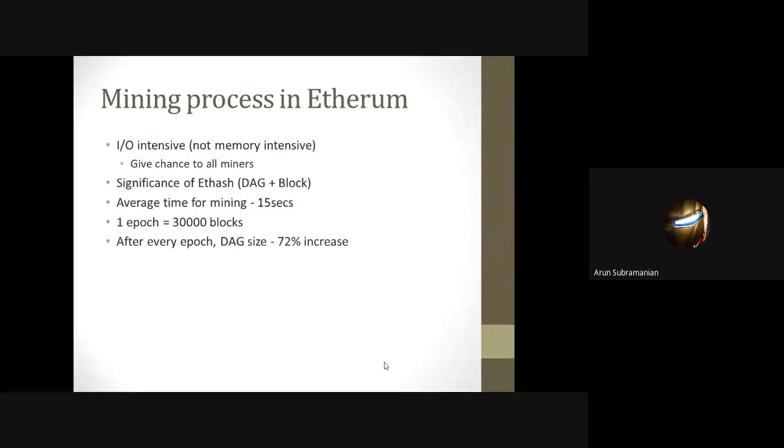In the Bitcoin network, if you have a mining pool that is capable of spinning up lots and lots of compute, it can form a block successfully, right? That is possible if it is memory intensive, but here it is IO intensive.